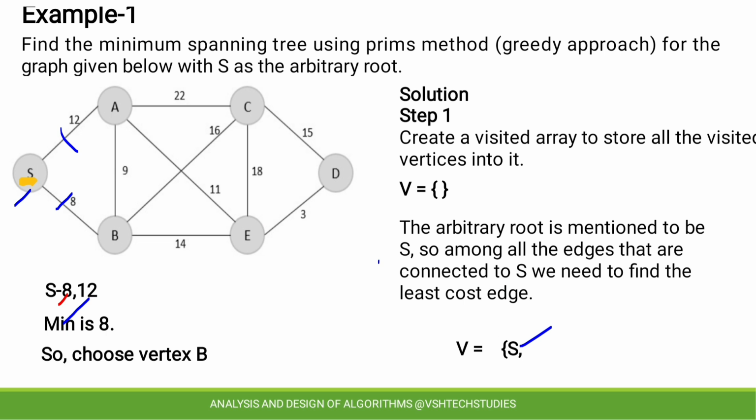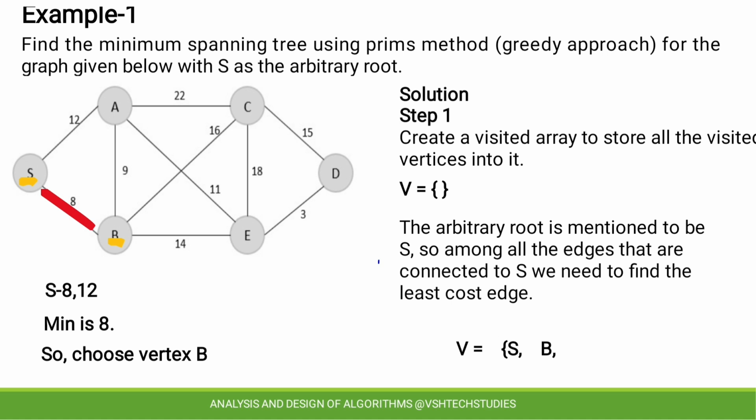and for that, whichever vertex is connected, that vertex is chosen, that is B vertex. So out of weights 8 and 12, 8 is found to be the minimum, which is connected to B vertex. So instead of A vertex, after S vertex, B vertex is chosen. So B vertex is added to the list and the edge between S and B is connected.